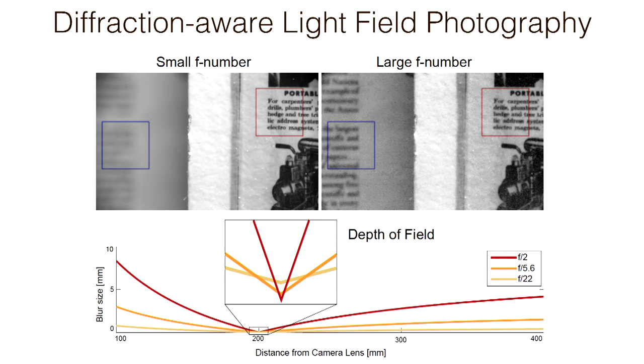We can capture the large aperture image, so we can get high diffraction limited resolution for the in-focus plane, but there's no information from the out of focus areas, or we can stop down the F number and get medium resolution for both. It only makes sense for diffraction limited systems. If you have, let's say, a camera that doesn't have diffraction limited performance, then you just capture the large depth of field and you're good, right?